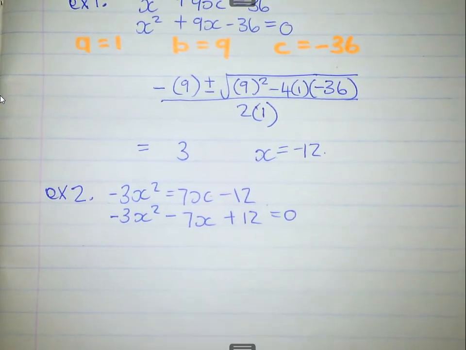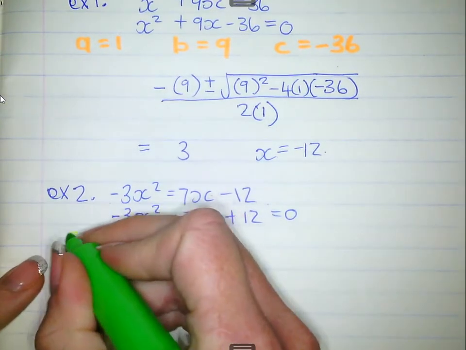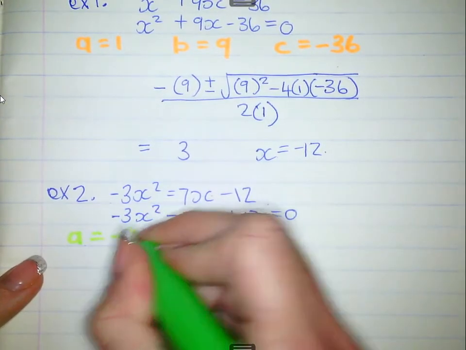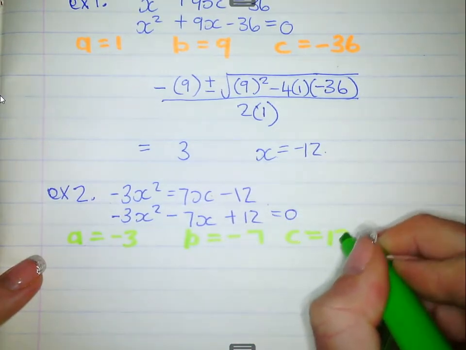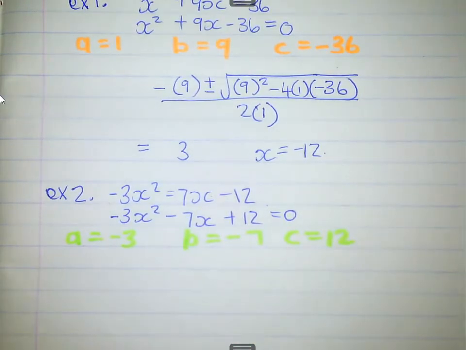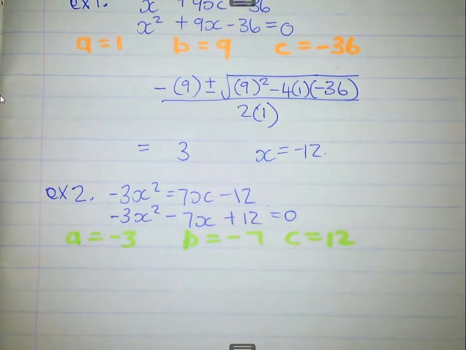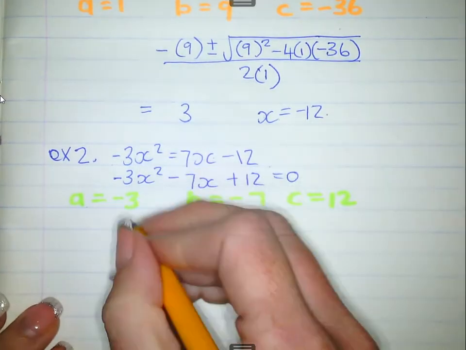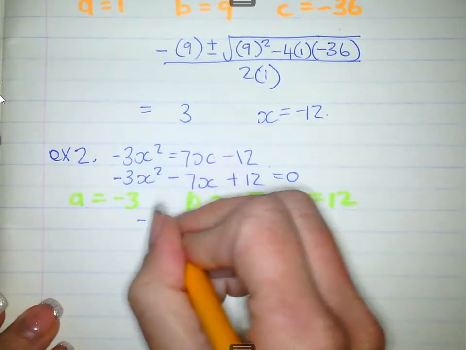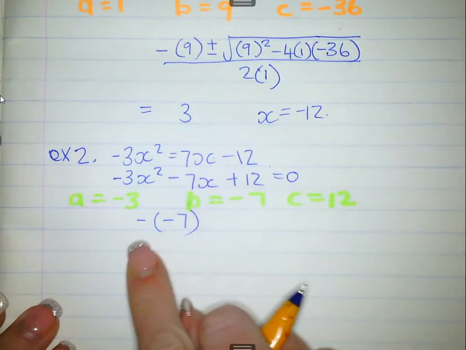Just because of the example, can you tell me again what is A? What is B? What is C? Okay. So we start with minus B. So look at that, minus 7.